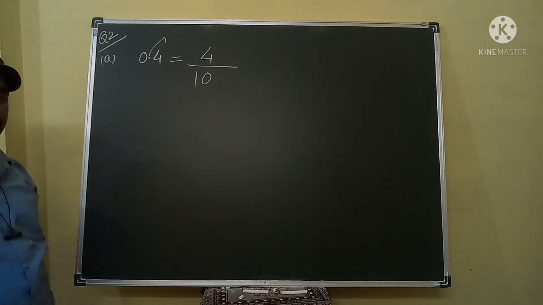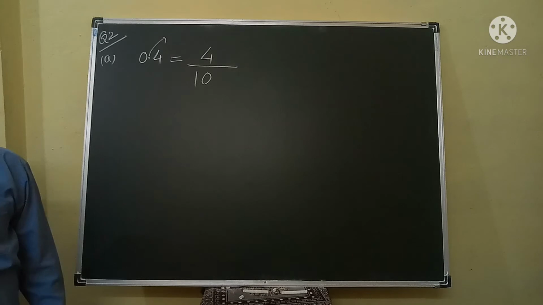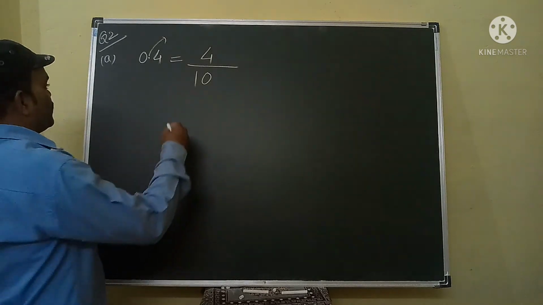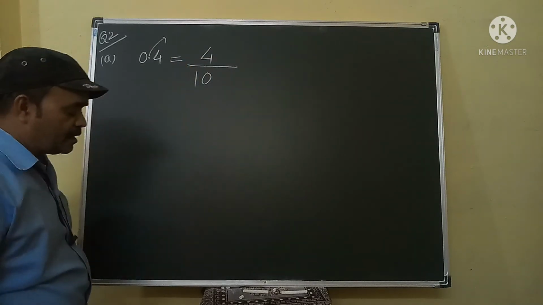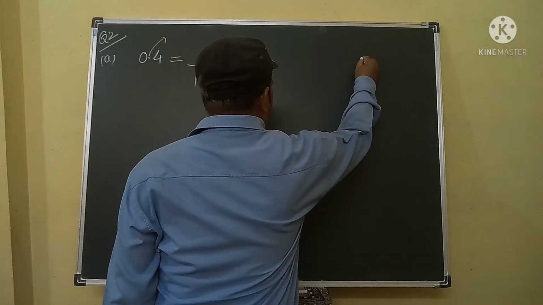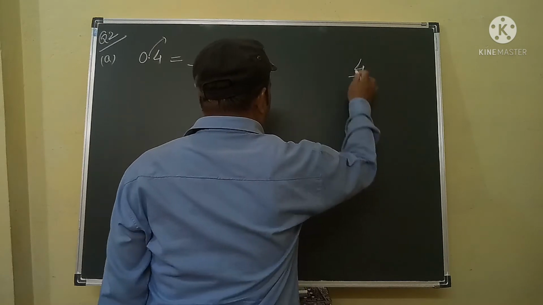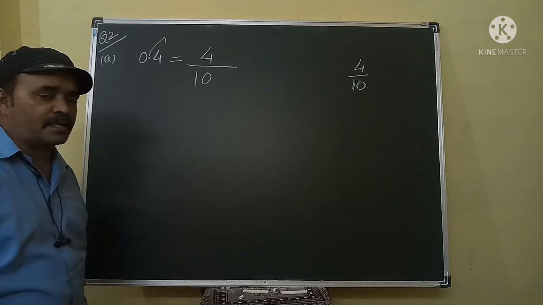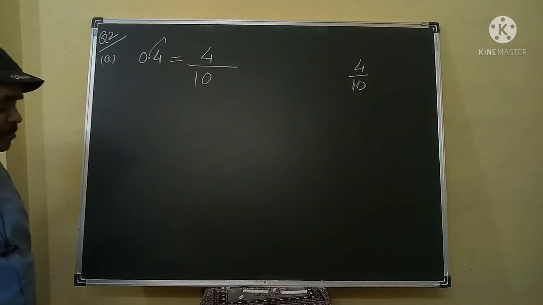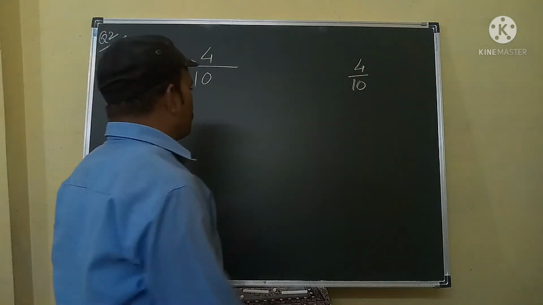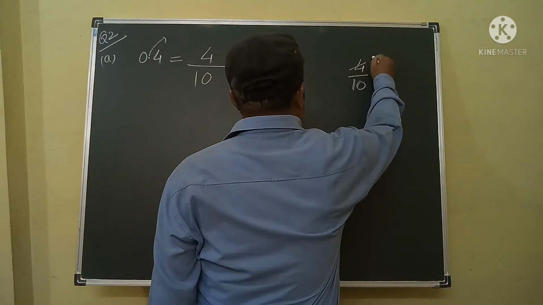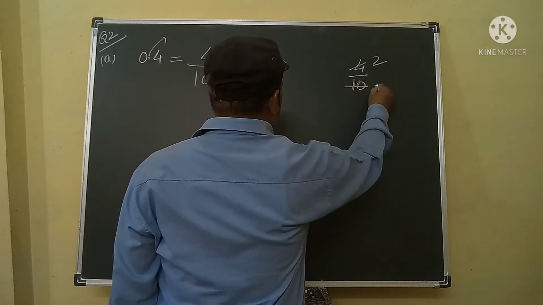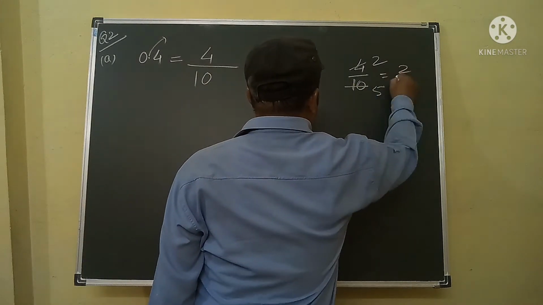Then after that we will find the simplest form of the given fraction. This is 4 upon 10. Now look here, 4 and 10 are even numbers, and even numbers are divisible by 2. 4 divided by 2 gives you 2, and 10 divided by 2 gives you 5.